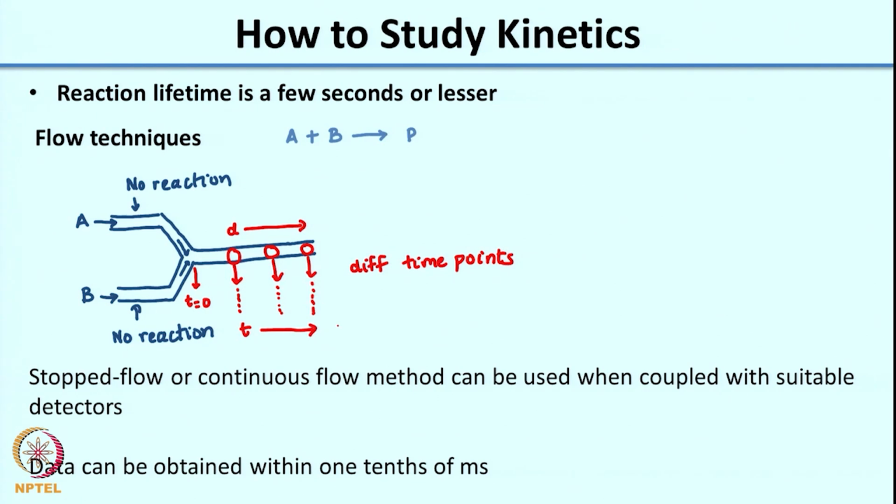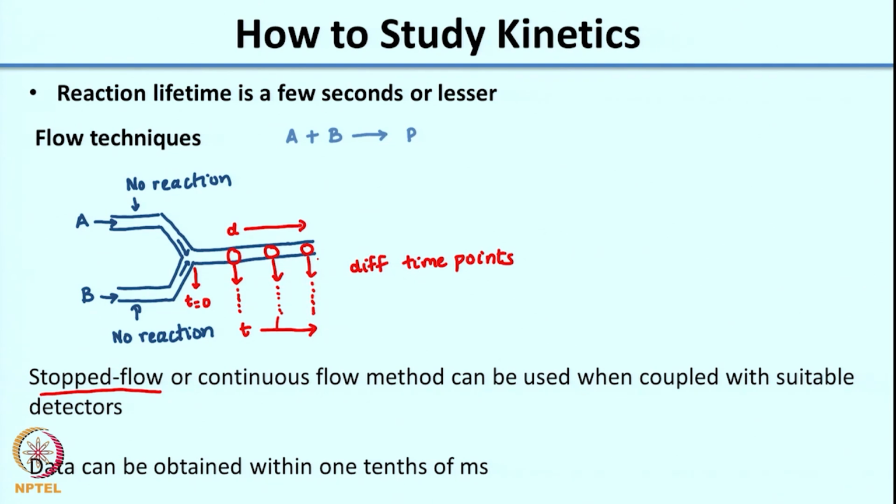It is coupled with detectors; you can use IR, you can use fluorescence, which are very quick. Many times the tubes are designed such that you can get information in real time, or a stopped flow method is used, where at each of these distances you can actually stop the flow and get information regarding concentration of the reactant or product.